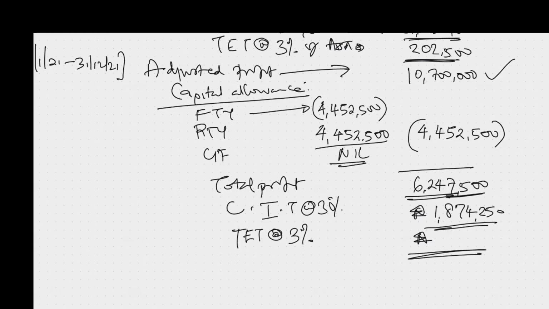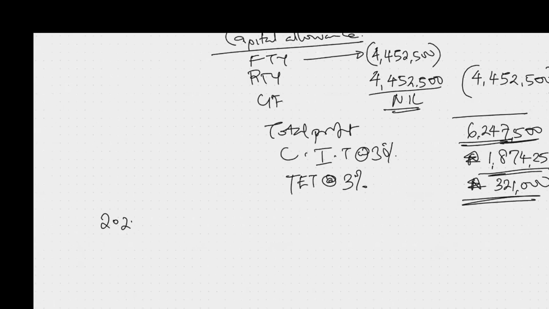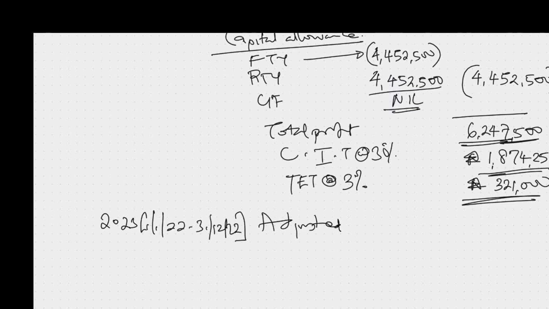Okay. The next one, don't forget that in 2025 an asset was disposed, so we'll take that into consideration. Adjusted profit, what do you have? 12,650,000. That is very sharp. Thank you.